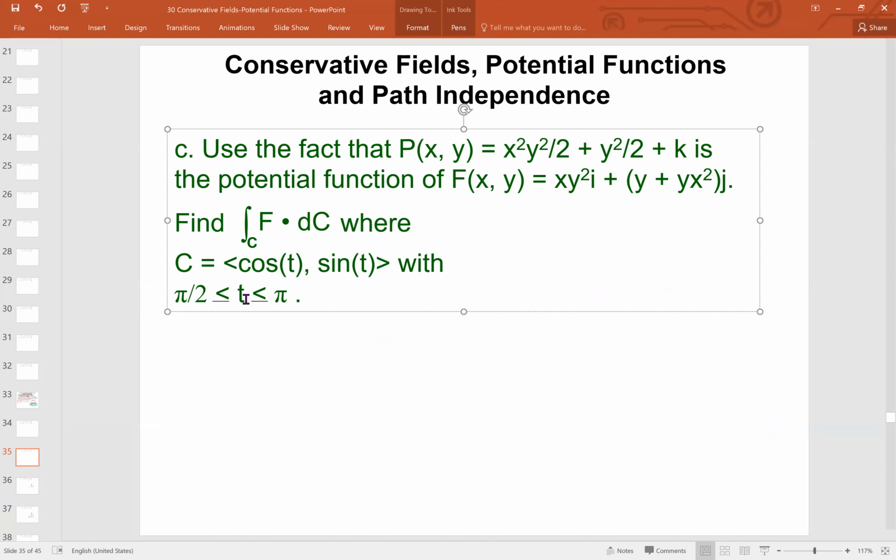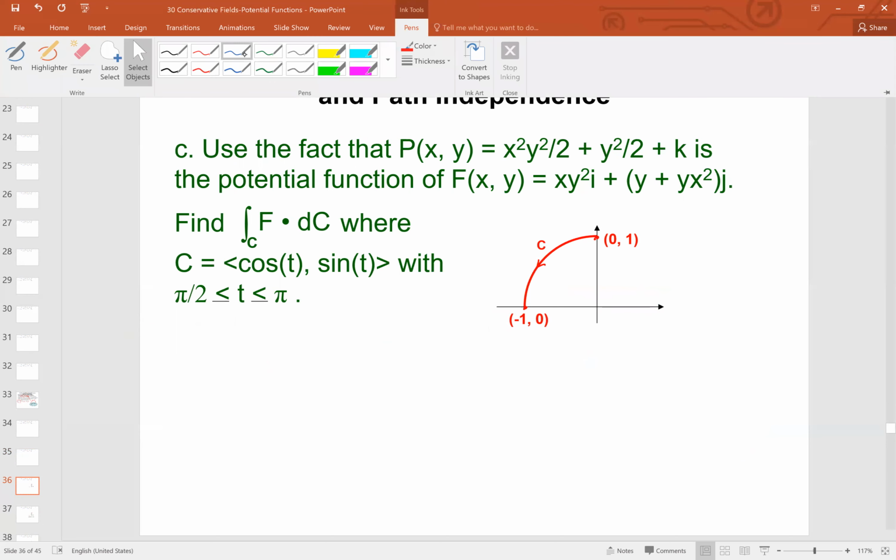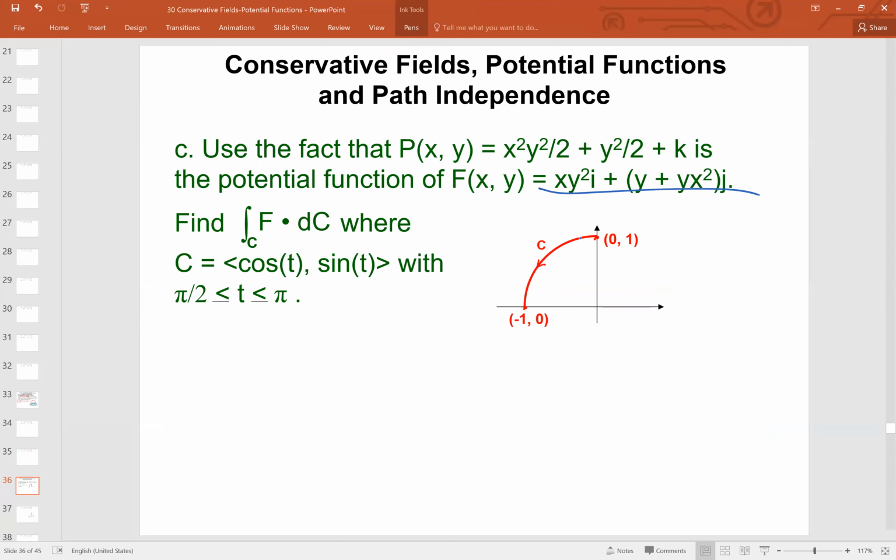This curve is from pi over 2 to pi. If you think about it, it's a quarter of a circle. But since this vector field, I don't know what it looks like.